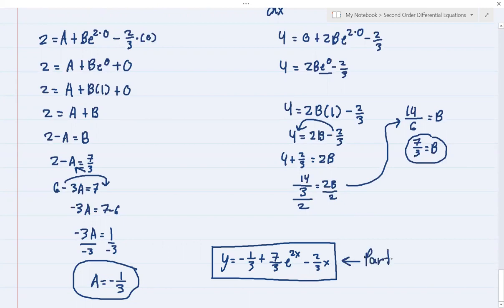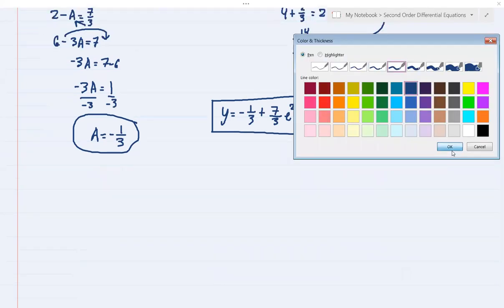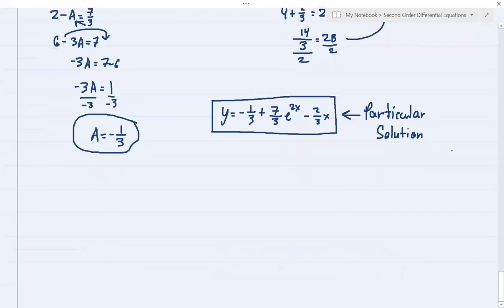You can simplify this one actually. You see the terms negative 1 third, positive 7 over 3 times e raised to 2x, and negative 2 thirds x. These terms are all divisible by 1/3, so we can factor 1/3 out of this expression.